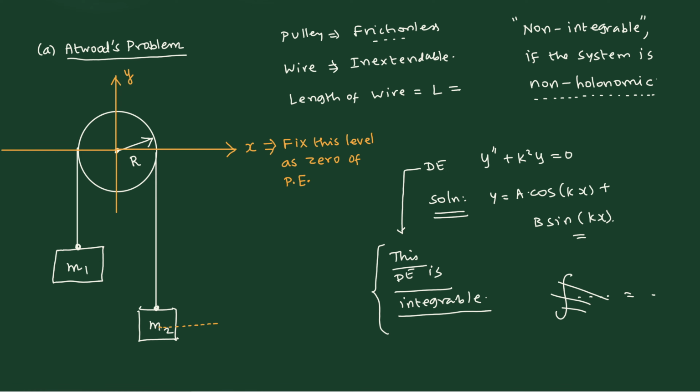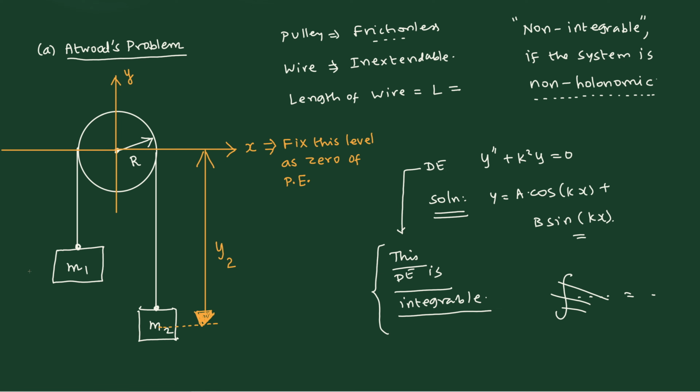Let me simply take the center of mass of this particular mass m2, and from there let me measure the distance. So I will now draw this arrow. From this level to this level, we will say that this is the length y2, because it is the second mass.